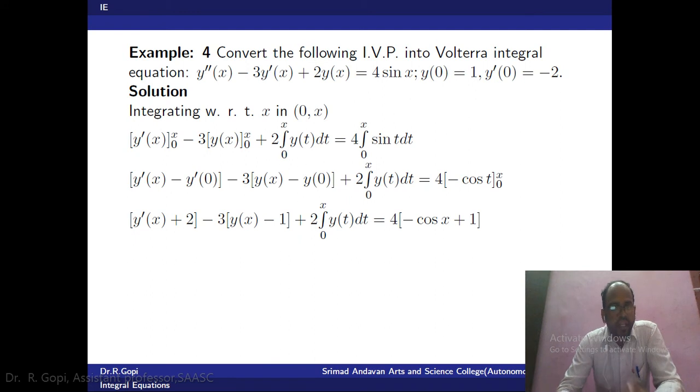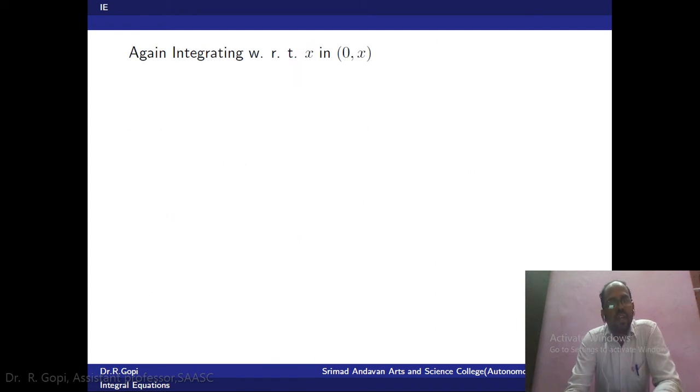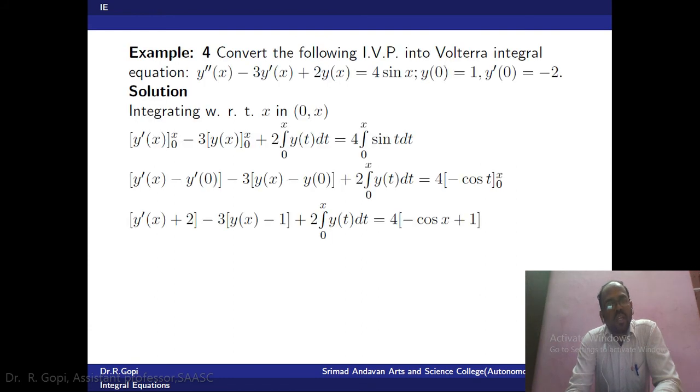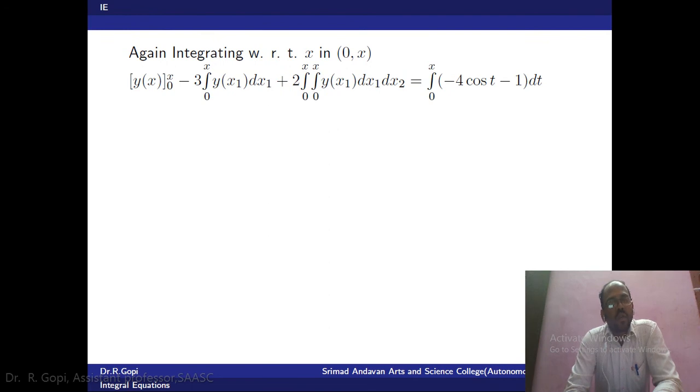Then integrating on both sides, with limits from 0 to x, the integral of y'(x) is nothing but y(x), then 2x. So y(x) from 0 to x, minus 3 times the integral from 0 to x of y(x1) dx1, plus 2 times the double integral from 0 to x, again 0 to x, of y(x1) dx1 dx2, equals the integral from 0 to x of 4(-cos t + 1) dt.